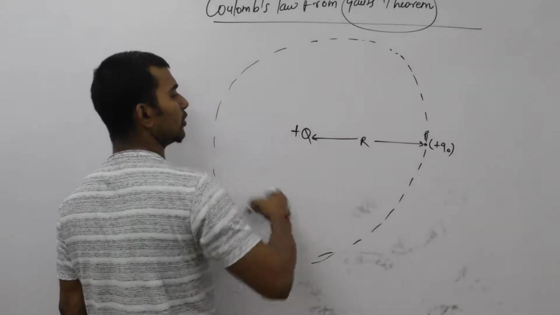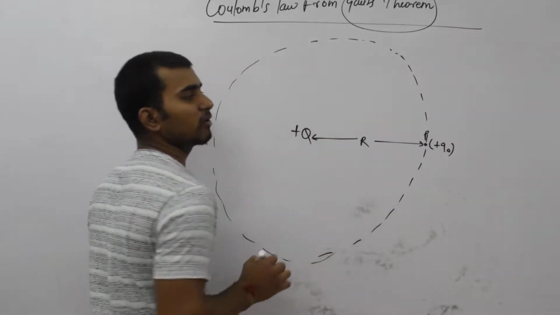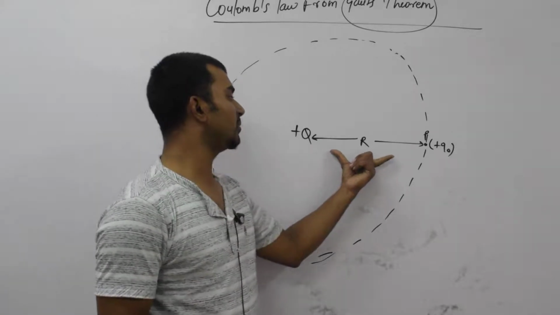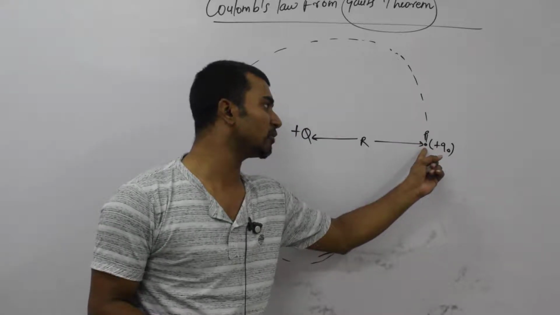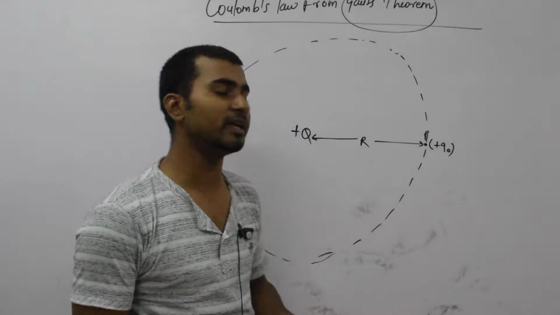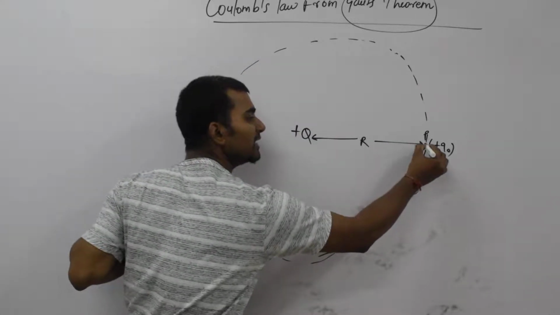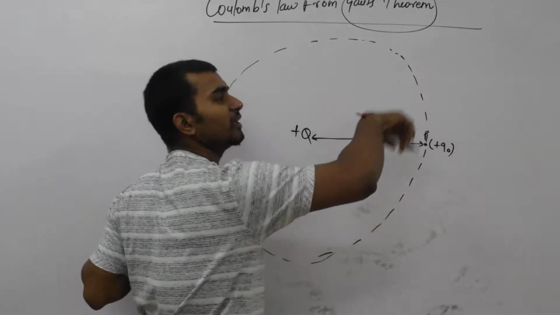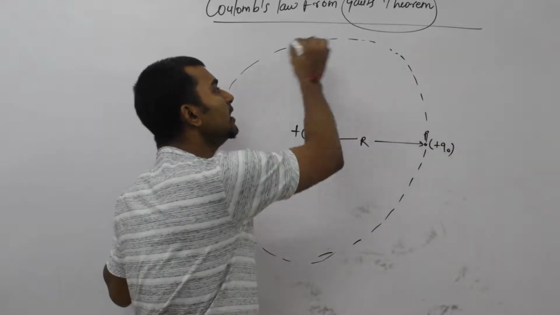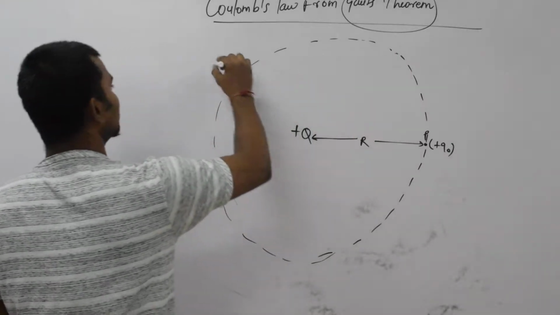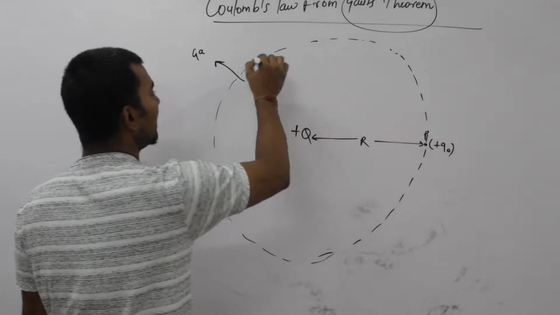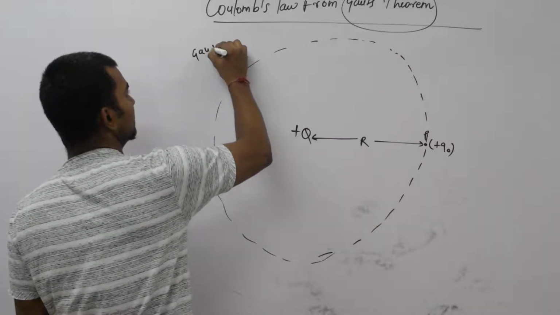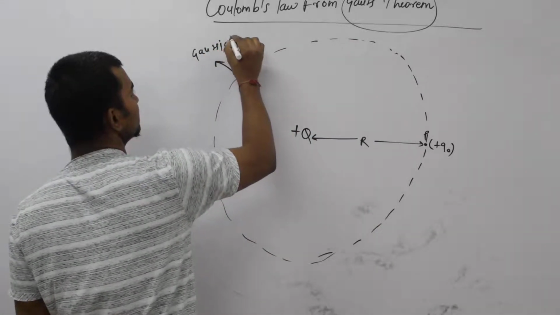This will enclose this charge and its radius will be R, because at this point I have to find the electric field intensity. So I will place this point on the boundary of this Gaussian surface. Because I have to introduce the Gauss theorem, that is why I am using this Gaussian surface.